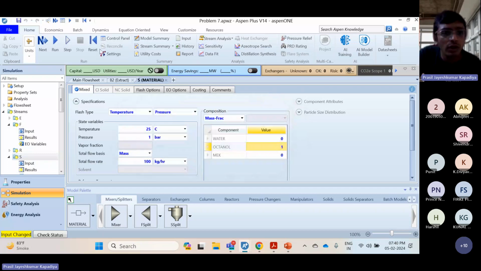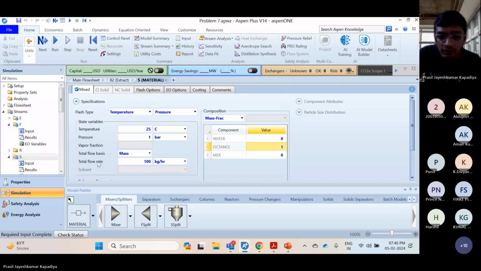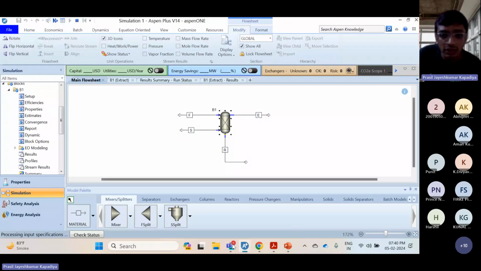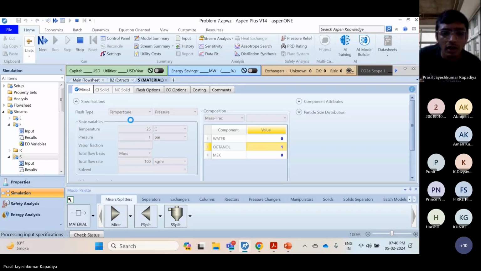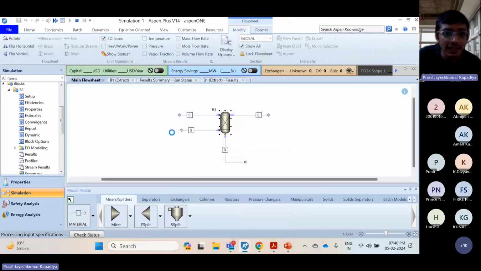No, but I have chosen, okay, it's mass fraction only. Wait, where am I going to run this? No, this is not even running. Guys, it's taking time. Can anyone share the screen and do it?